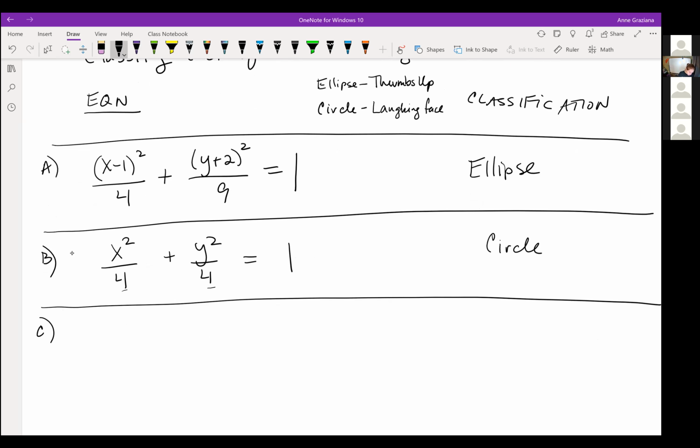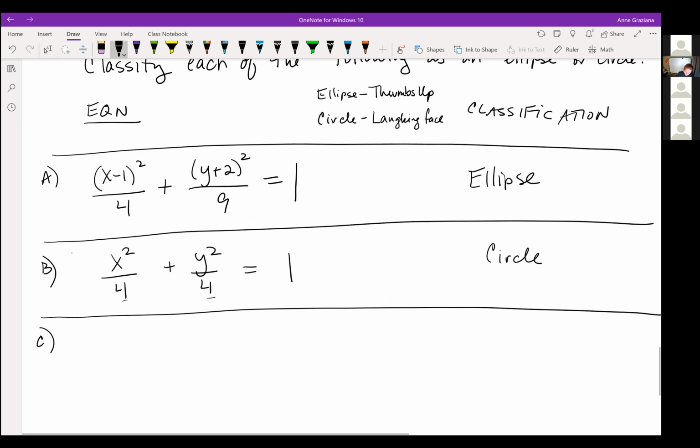Here's C. And I want to point out, here, we might as well just make sure we see the center in this one is (1, -2), and then A is 2, B is 3. It's kind of good to practice that as we go through these. So for this one, my center would be right at the origin, and my radius would be 2. It's the square root of 4.